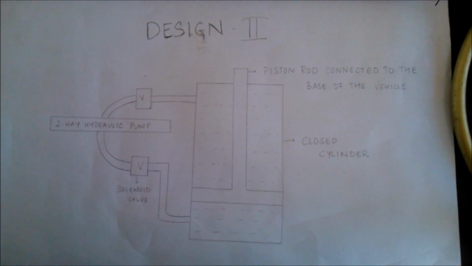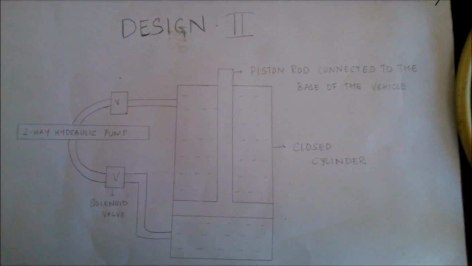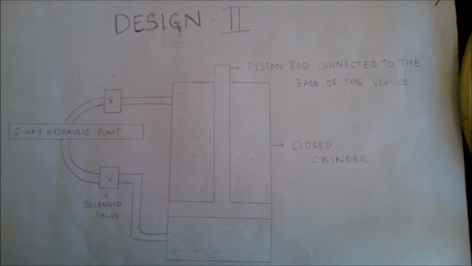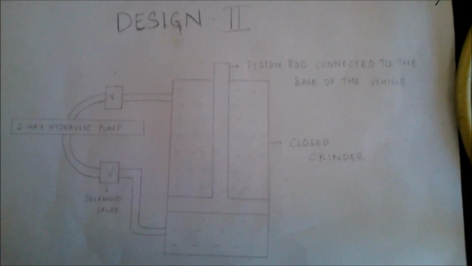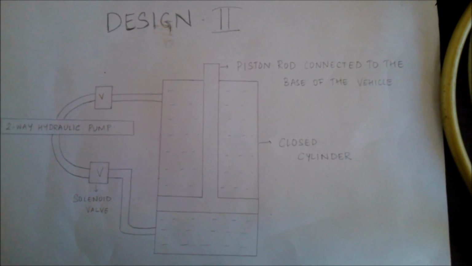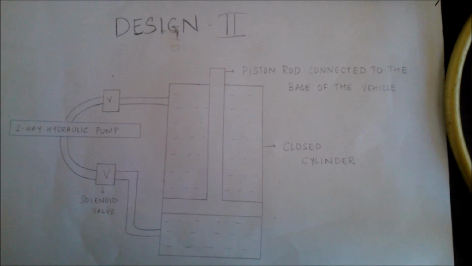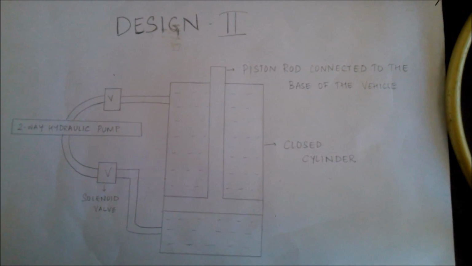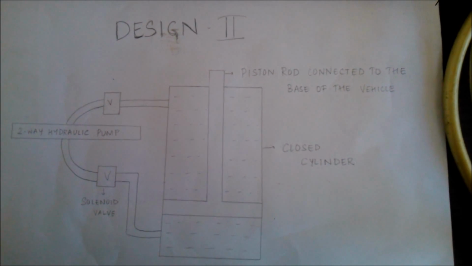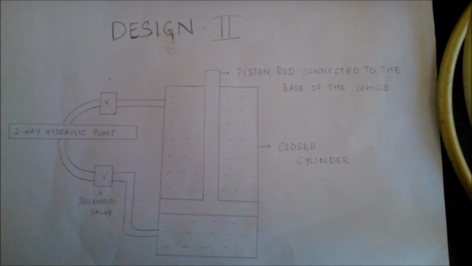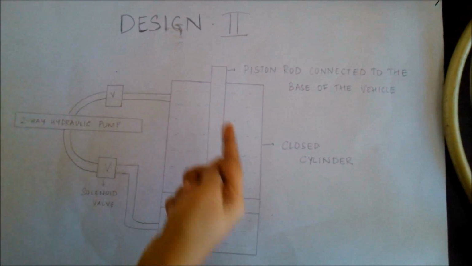A similar but reverse action takes place when it comes out of the pothole. This is our second design for the implementation of the suspension system. We have a closed cylinder connected to the tire of the vehicle, a piston connected to the base of the vehicle and some liquid inside. This is connected to a pair of solenoid valves through a two-way hydraulic pump. The suspension length is varied depending on the flow of liquid upwards or downwards.